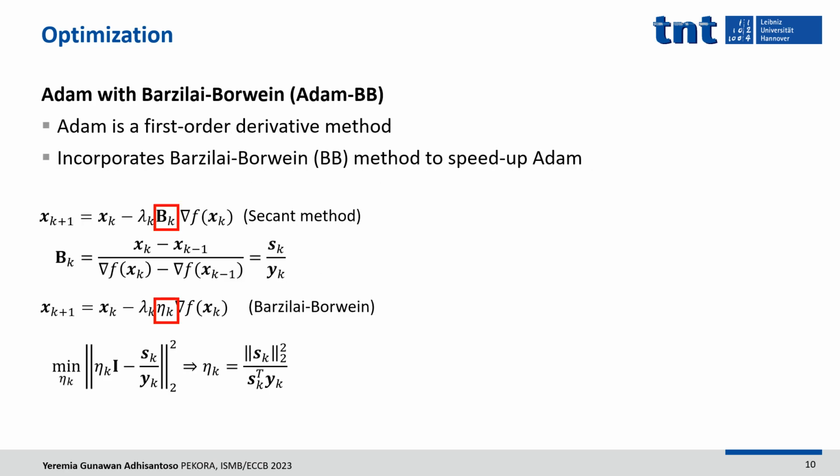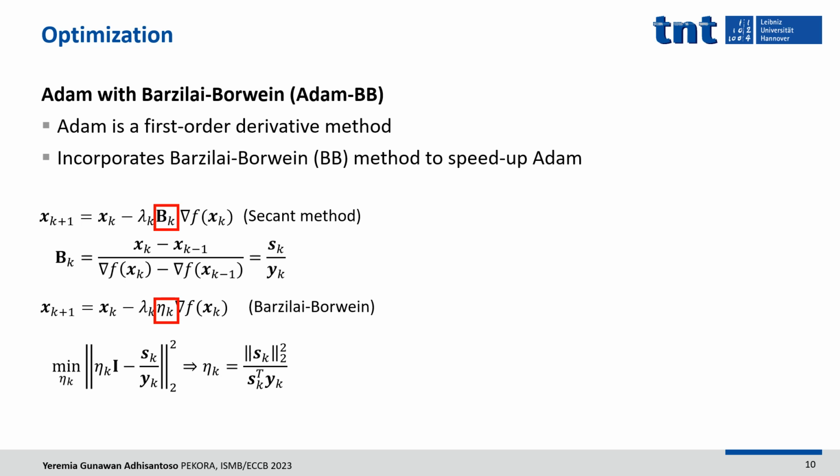To optimize the alternating minimization, we use the gradient descent-based method ADAM, which is a first-order derivative method, combined with the Barzilai-Borwein method to estimate the step size at every iteration. A second-order derivative method, for example the secant method, approximates the Hessian matrix based on the gradient of the current iteration and the gradient of the previous iteration.